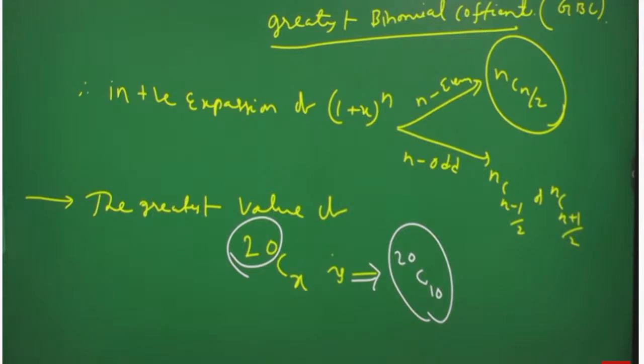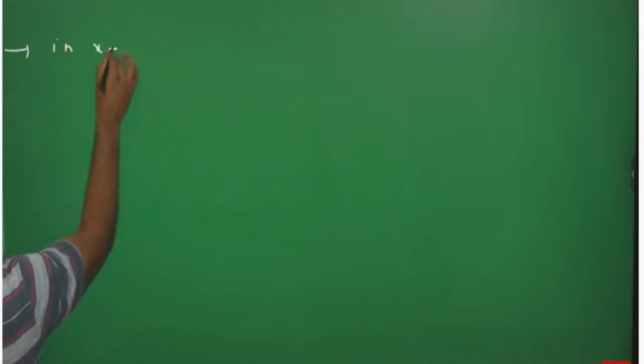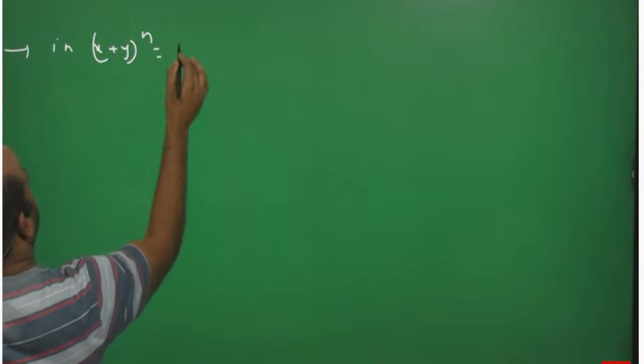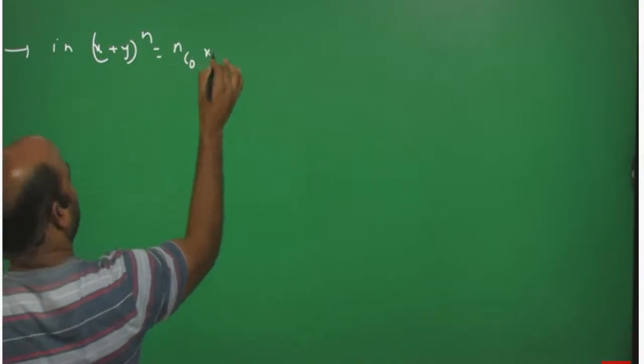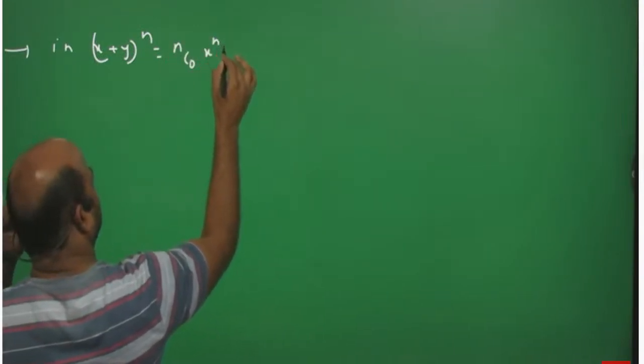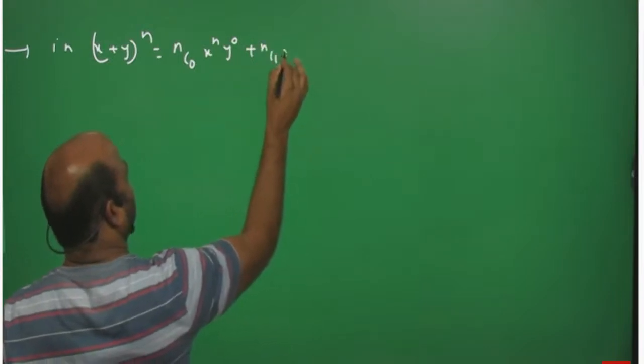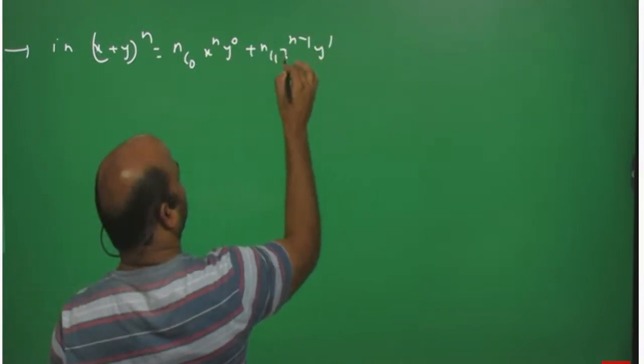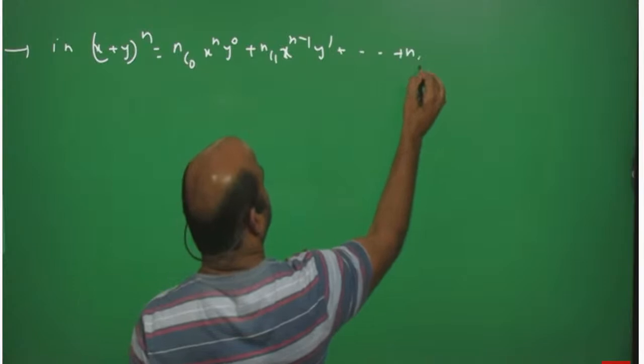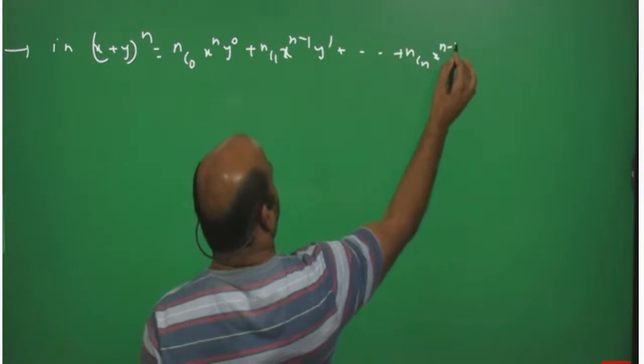The next one is, after this, look here. In (x plus y) whole power n, that's nothing but nC0 x power n minus 0, y power 0, nC1 x power n minus 1, y power 1, and so on, nCn x power n minus n, y power n, like this.